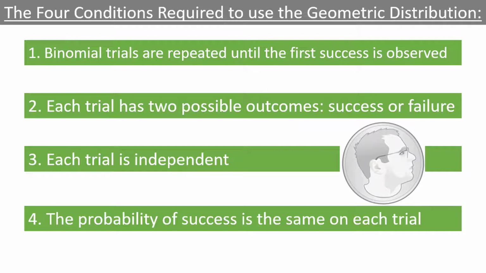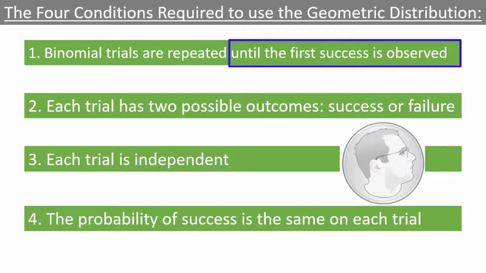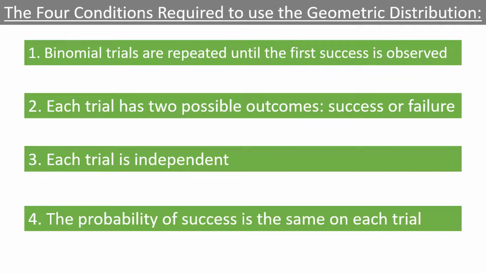If we were using the geometric distribution, we would continue flipping coins until the first heads was flipped. The number of trials is no longer bounded as it was in the binomial distribution. In the geometric distribution, we just want one success and want to know how many binomial trials it will take until we get that first success.